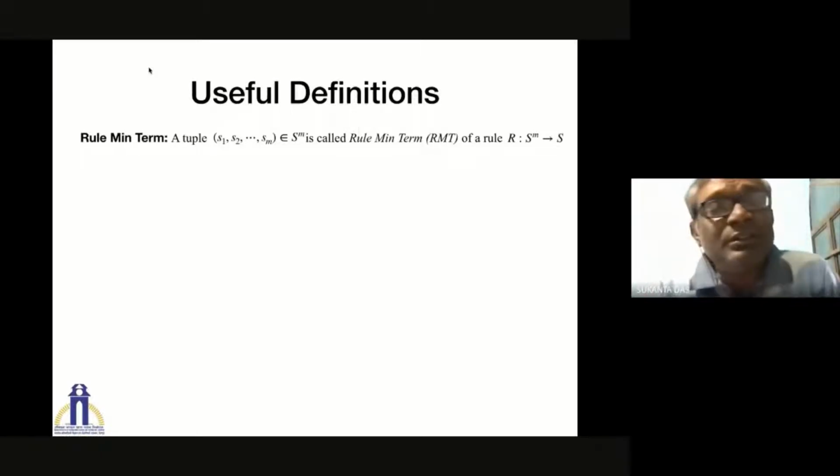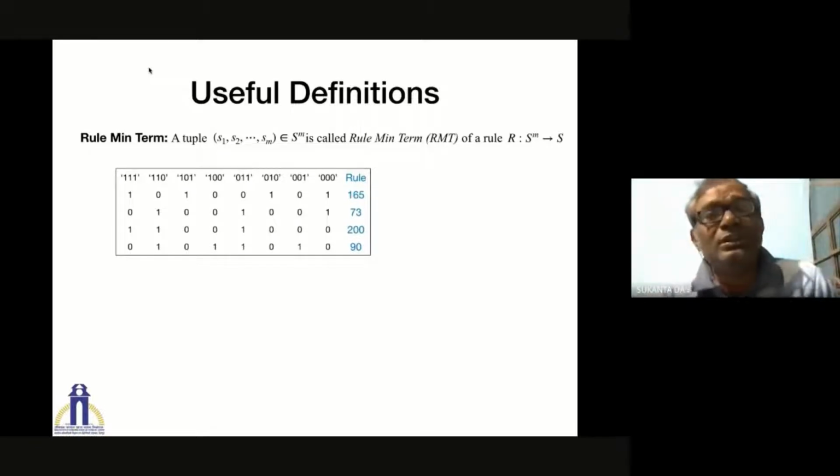Take an example. This rule table we have shown in previous classes also. We are taking ECA rules only in this case. In case of ECA rules, m equal to 3, because r equal to 1, a cell in case of ECA depends on left neighbor, self and right neighbor. So m is 3 neighborhoods here. In the domain of each rule, it has 3 elements: 0, 0, 0, 0, 0, 1, combinations of these 3 elements.